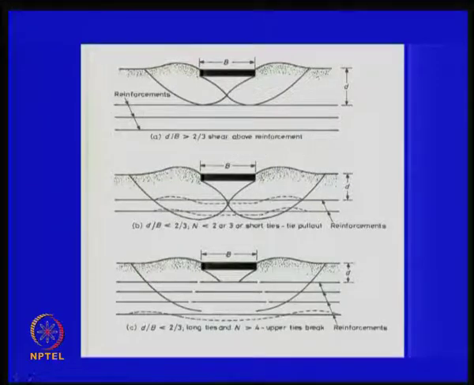Second thing is that you provide, say d by b is okay, less than 2/3, the condition is satisfied, but the number of ties, a tie is a tension member, is not much, like you put one reinforcement or two reinforcements, then the possibility is that of short ties, where the length is not sufficient. Okay. If the length is not sufficient, what is going to happen? As I said, the principle of reinforced soil is that you have to have tension also mobilized and also the pull-out resistance.